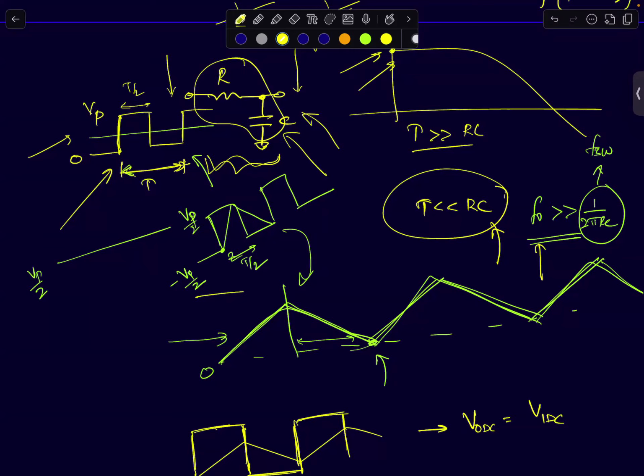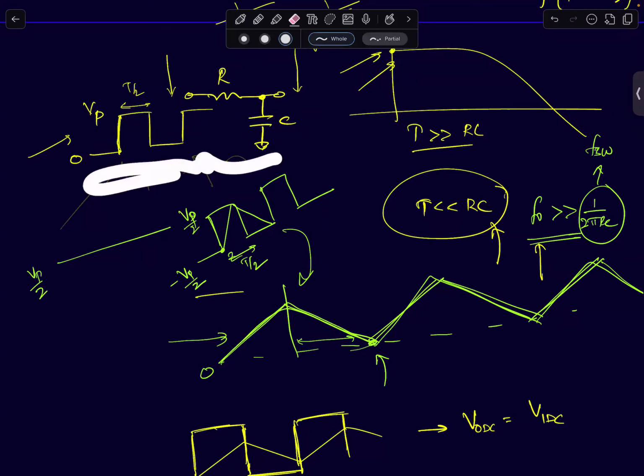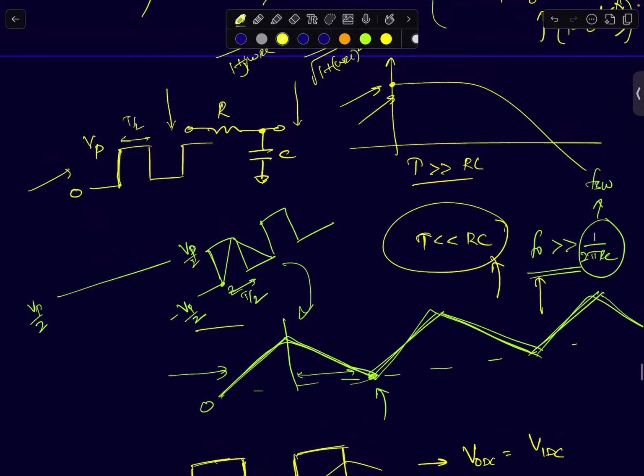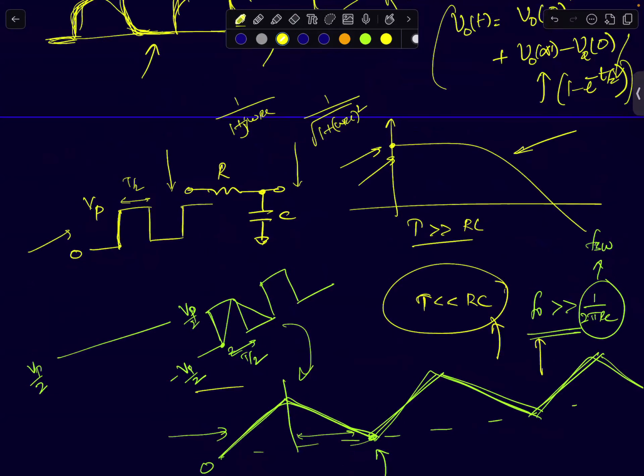Okay. How are you saying that the output will have an average value of Vp by 2? See, eventually you have to understand that what we are looking at is steady state. When you look at the frequency response graph, the information you can gather from it is usually the steady state behavior.